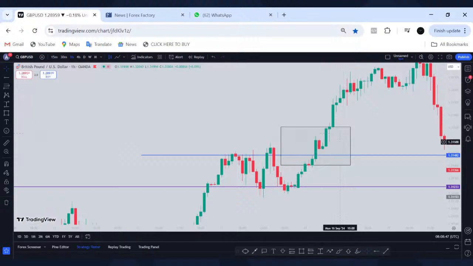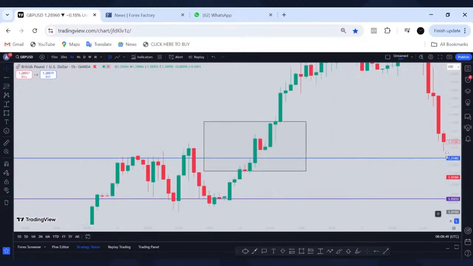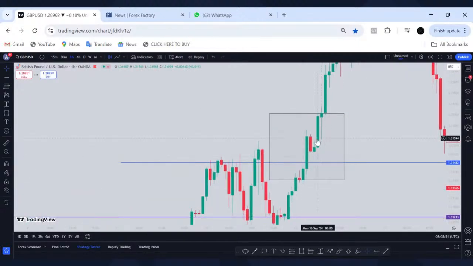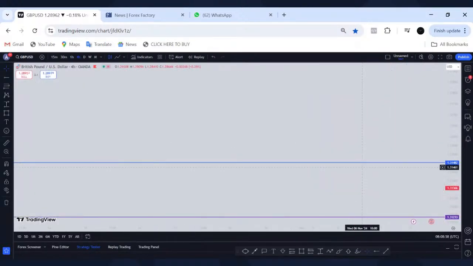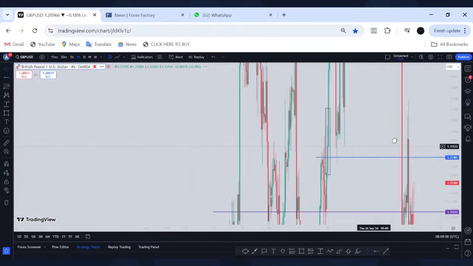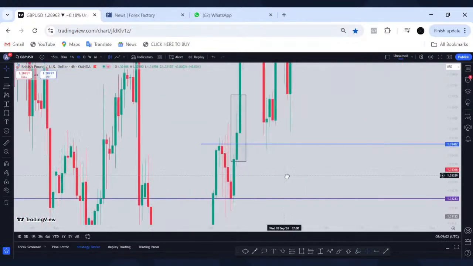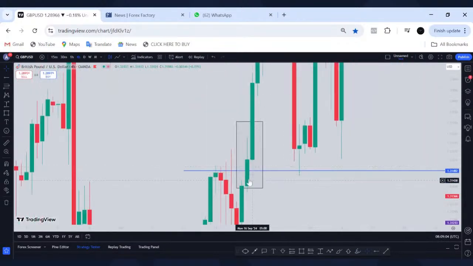So this is what I was expecting it to happen on. USD CHF. You see, the H4 gave us a wick like this, broken out, giving us a wick.